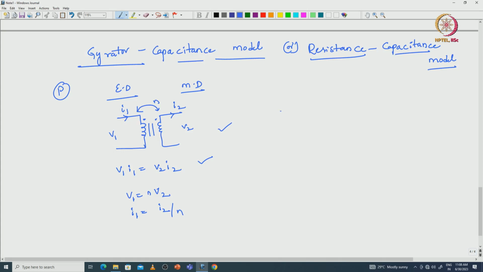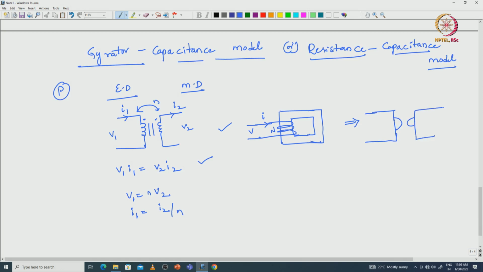Let us consider the magnetic circuit in order to make the equivalence between the effort and flow variables. Here the current flowing through the coil is I, the number of turns is N, and the effort variable at the electric side is voltage V. With respect to the Gyrator capacitance model, we can represent this circuit as a two port network. Here the Gyrator constant is N.